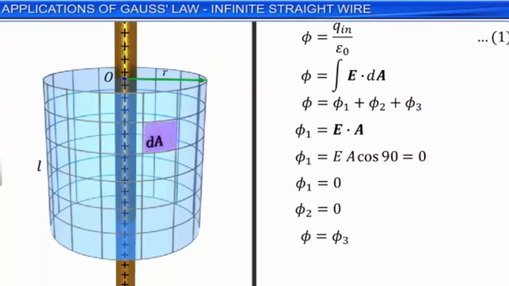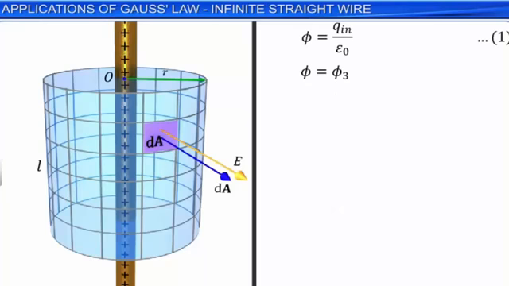Since the electric field strength E for any point on the surface is parallel to the area vector dA for the element under consideration, we have electric flux d phi 3 passing through the element equal to E dot dA, which will be equal to E dA cos 0, and this will then be just equal to E dA.